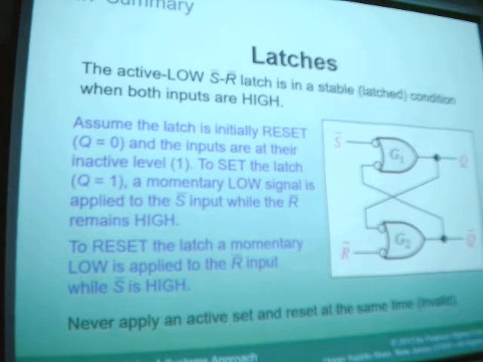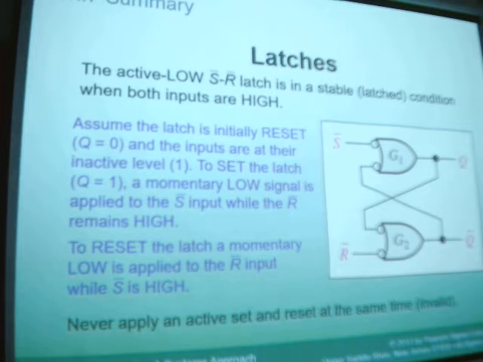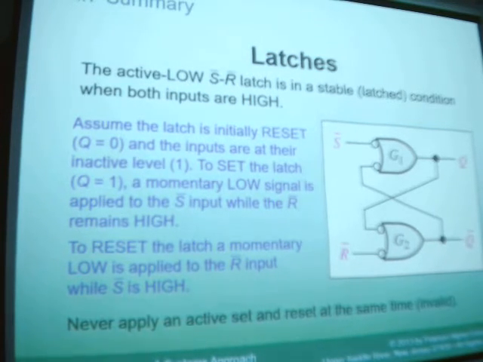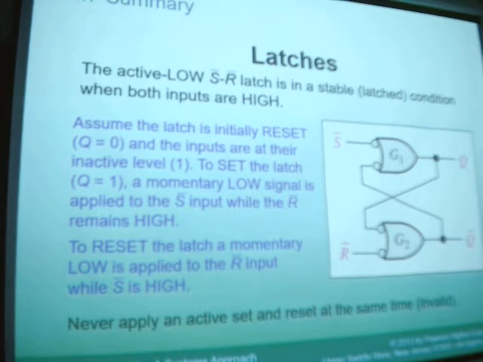Right? First time Q equals Q, right? Because S bar equals 1, so S equals 0. 0 plus Q equals Q. So Q equals Q.